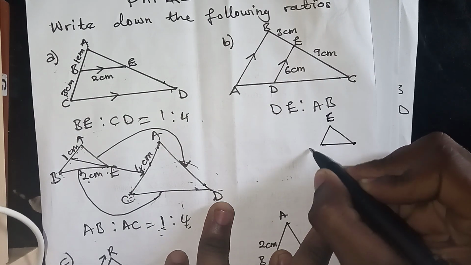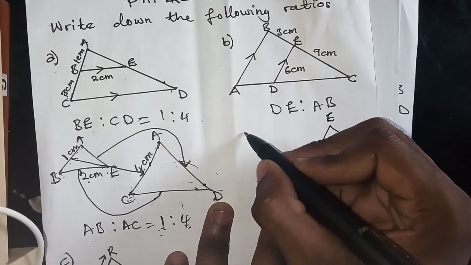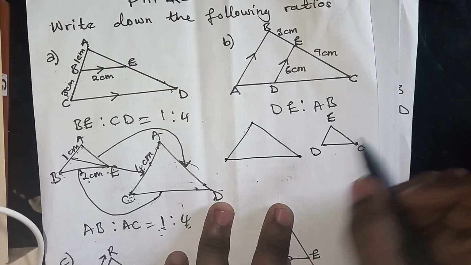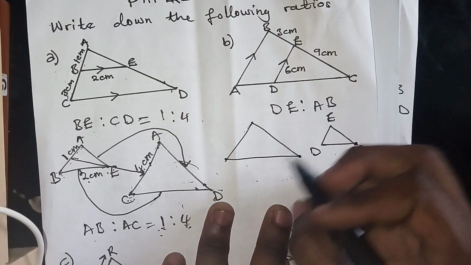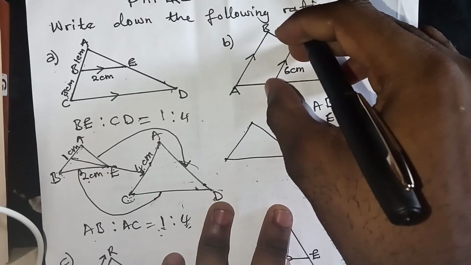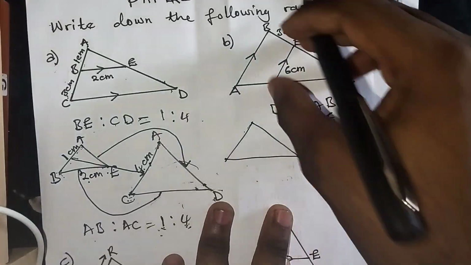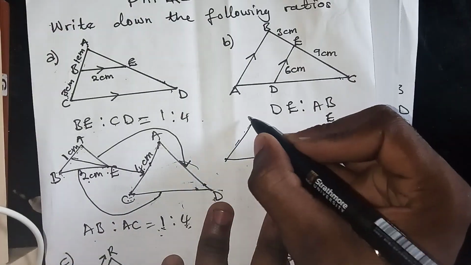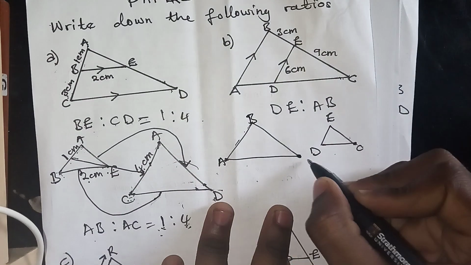This is E, this is D, this is C. And then the bigger triangle, they will always tell you the similar triangles. So this one is on top of the other triangle like this. So when you remove it, then you remain with the bigger triangle, like this one here.